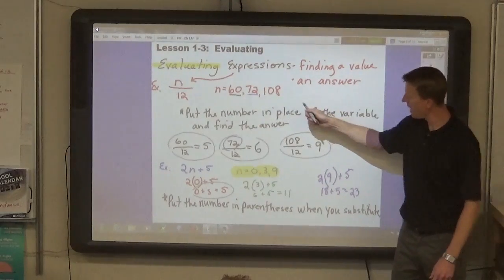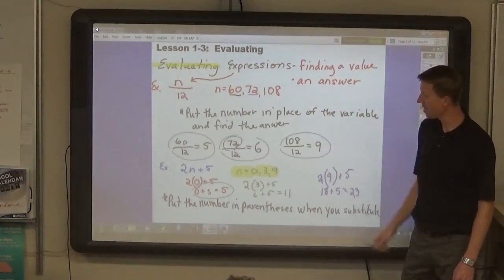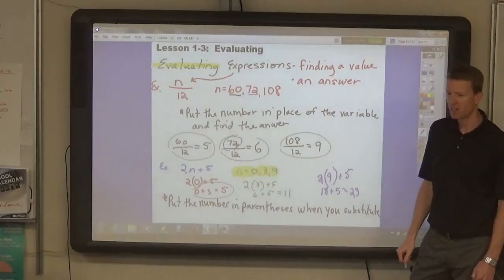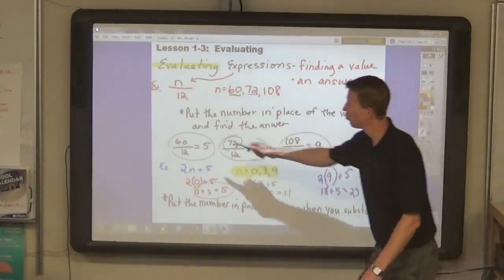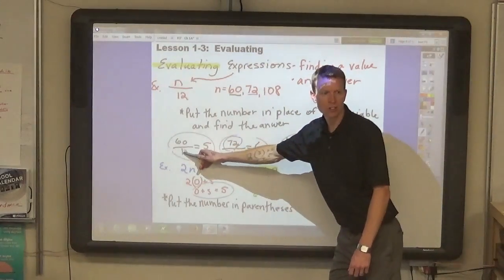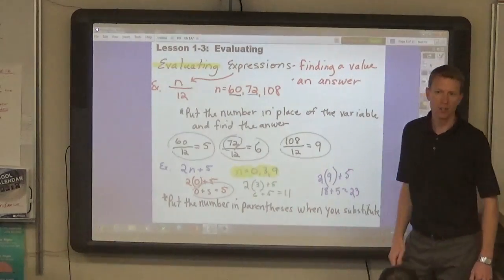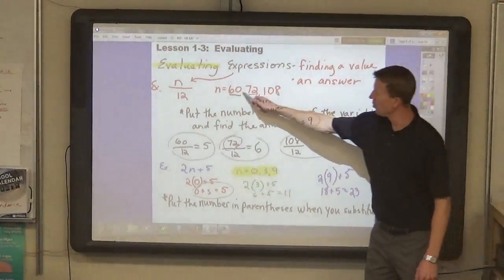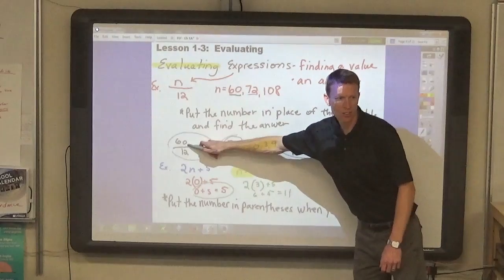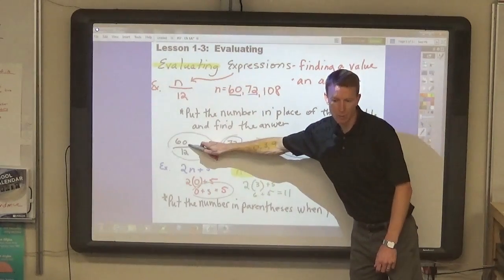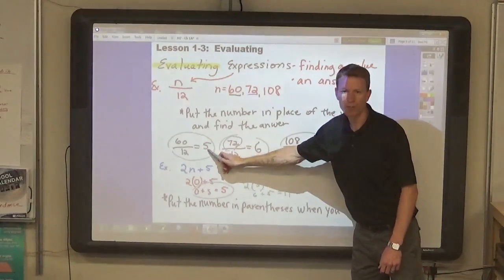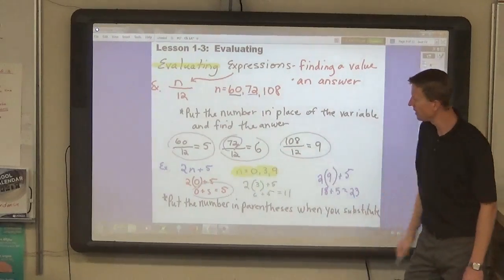And then 108 divided by 12, which is 9. Some expressions are this simple, just one step. When you insert the variable and you get an answer, you have an input into the expression, and it gives you an output. Okay, in one step.